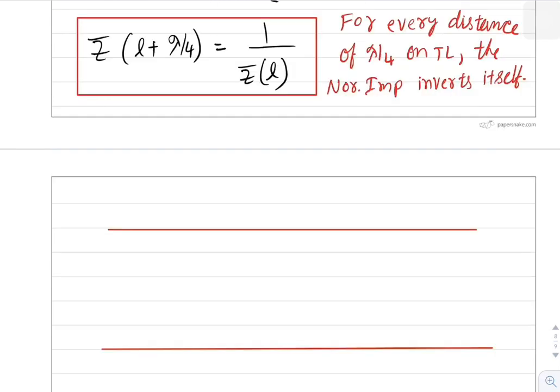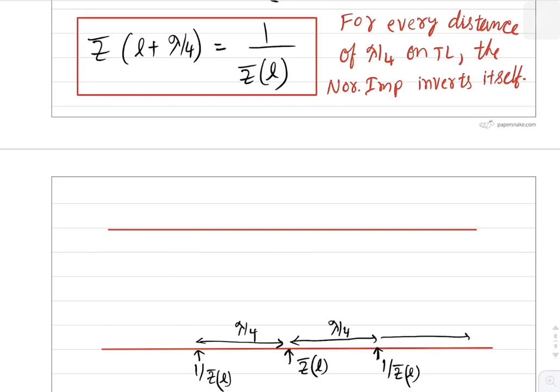If I take a transmission line, let us say the normalized impedance at this point is Z bar of L. If I travel a distance of lambda by 4 from here, then the impedance at this point will be 1 by Z bar of L. Similarly, if you move in this direction a distance of lambda by 4, again the impedance that you are going to observe here is 1 by Z bar of L. Since this is lambda by 4, if you travel a distance of lambda by 4 again, the total distance will be lambda by 2.